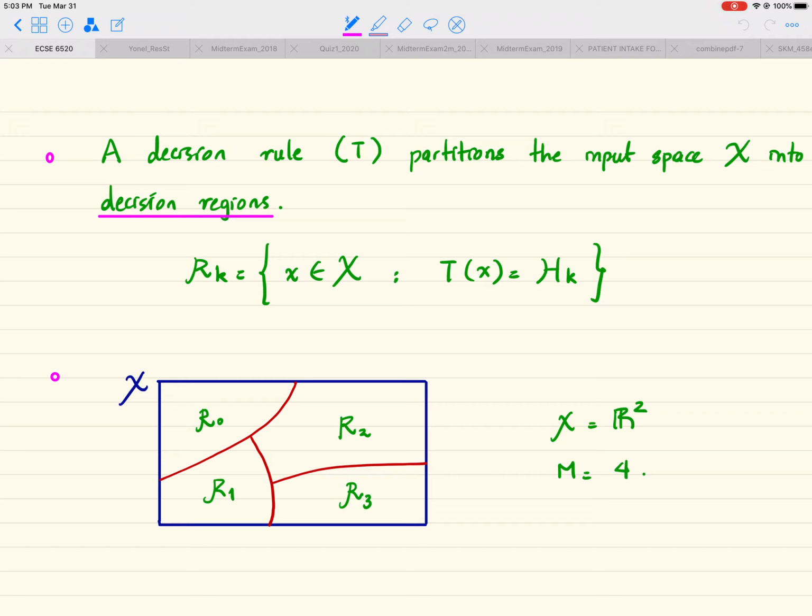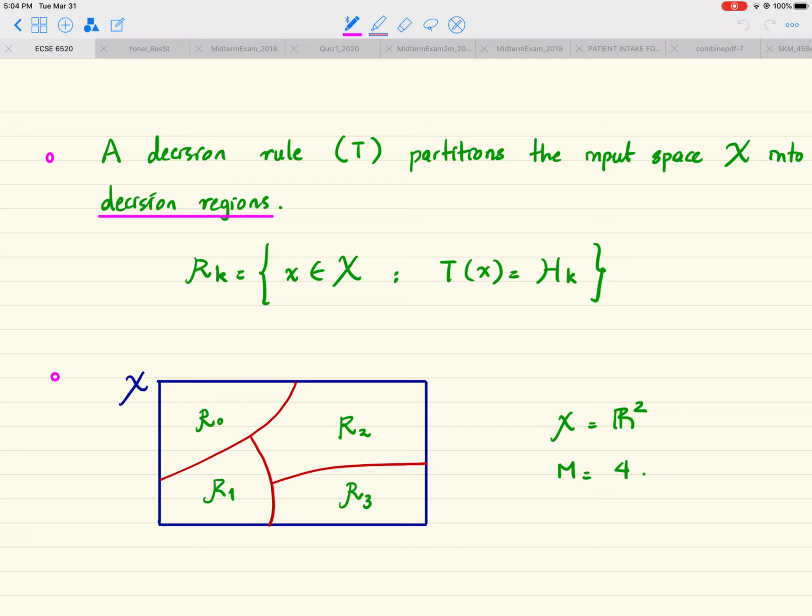If x falls into a location such that x is mapped to the hypothesis h sub k, that is region r sub k. So all the observations that are in region, let's say r sub k, are mapped to the hypothesis h sub k.